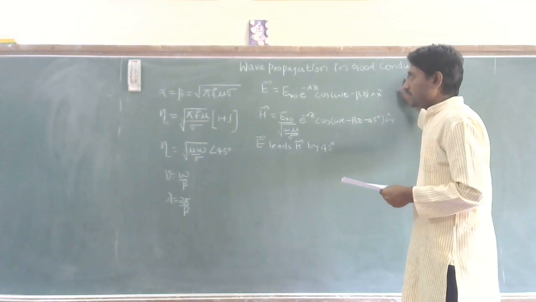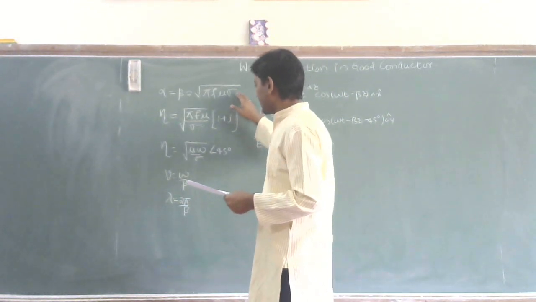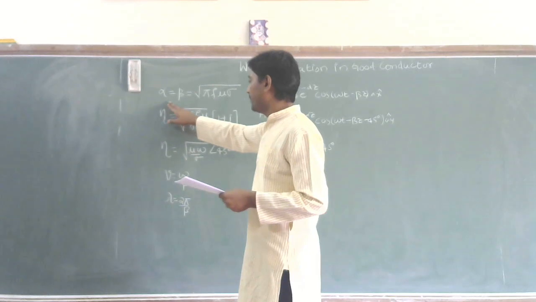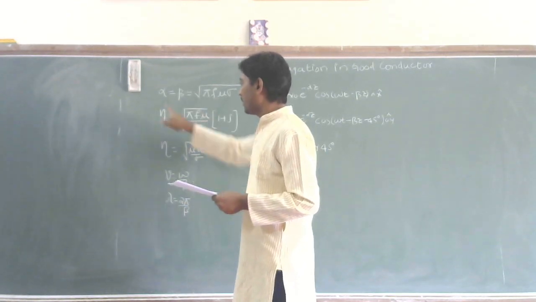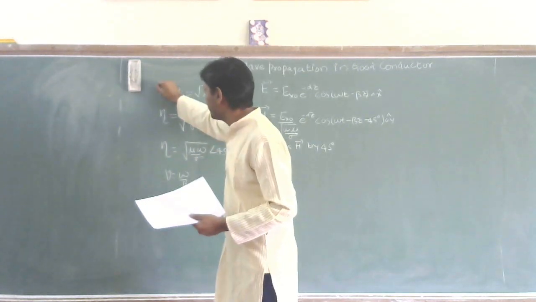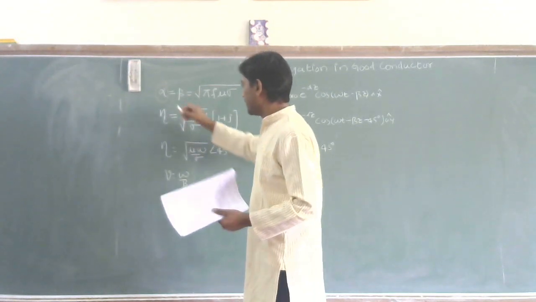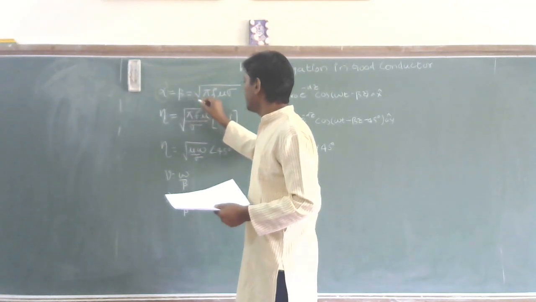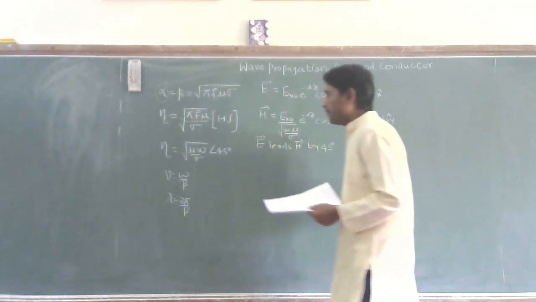Okay. So in a good conductor, these are the wave characteristic parameters like alpha, and we obtain that alpha is equal to beta. Alpha decides the attenuation factor. In the good conductor, alpha is equal to beta, which is given by root of pi f mu sigma.